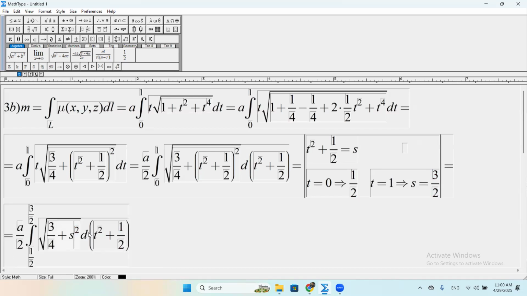So square root of s square plus 3 over 4, ds here. Okay, cannot you attach it in the chat? Try to copy and paste here.